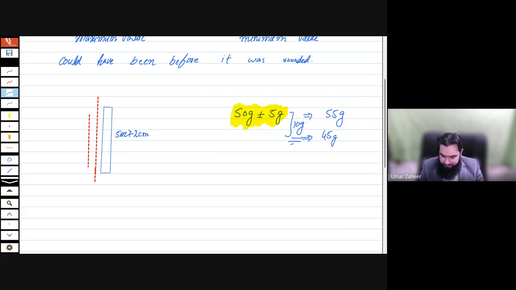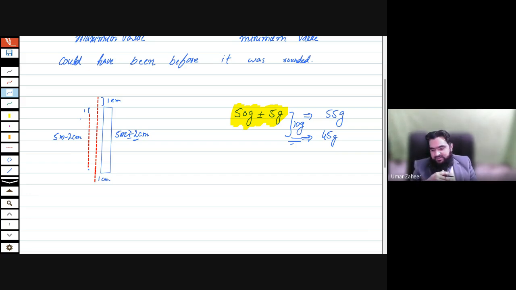This means that this length can be 1 centimeter more here and 1 centimeter more here, so obviously you will get 2 centimeters. Or it can be less, meaning 1 centimeter less from here. So 5 meters minus 2 centimeters. All right, so it is all about the small error in any quantity.